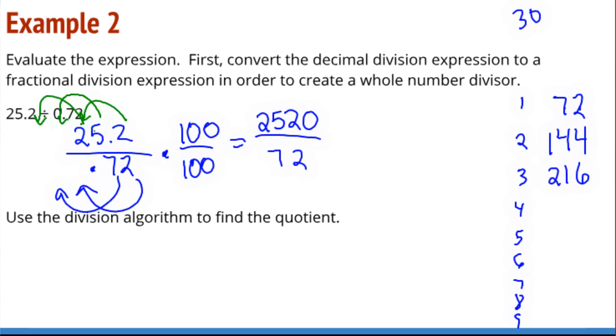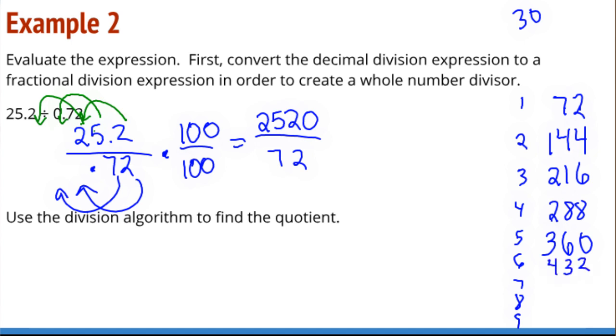And times 4, I just double the 144, 288. And then I can add 72 on. 2 plus 8 is 10, and I regroup that. 1 plus 8 is 9, plus 7 is 16. Regroup. 1 plus 2 is 3, so 360. For 6, I will double the 3, so 432.